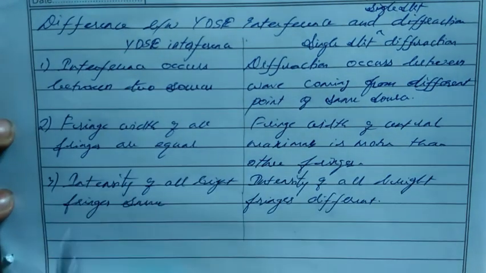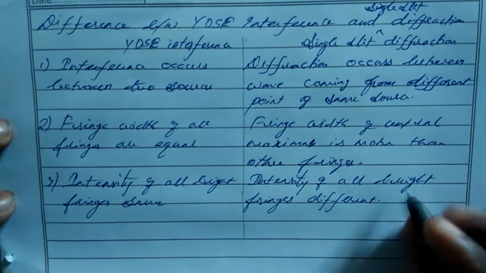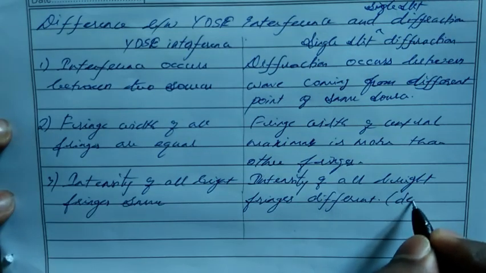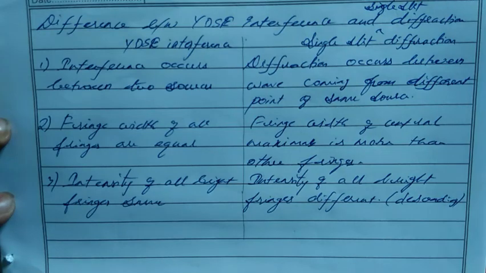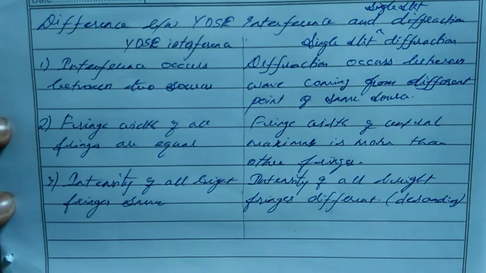The third point: the intensity of all bright fringes is the same in YDSE interference, but in diffraction the intensity of all bright fringes is different. It is in descending order: initially it is more, then it is less, and further lesser. Clear? So this is all about chapter 10. Next class we will see the new chapter. Thank you.